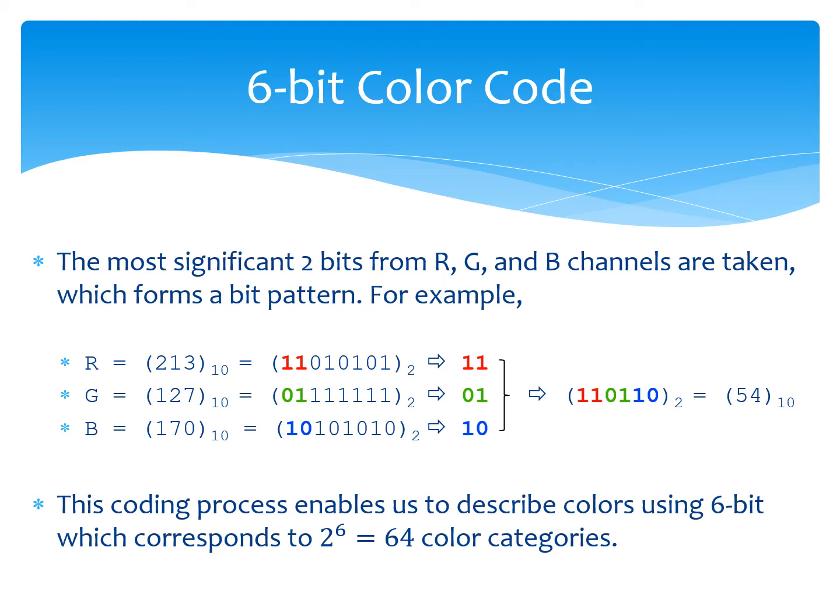As we previously described, a decimal value can be converted into a binary string. So 213 converted into a binary string, we will have 11010101. For 127 in green, we can convert it into 01111111.